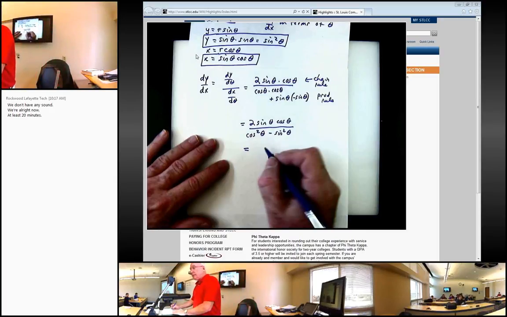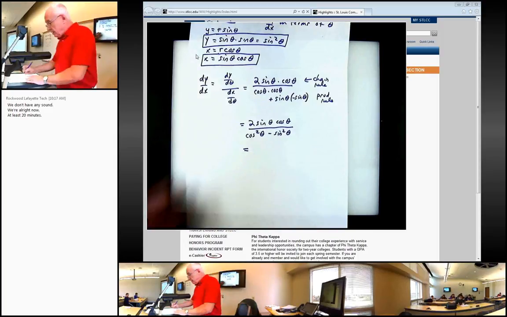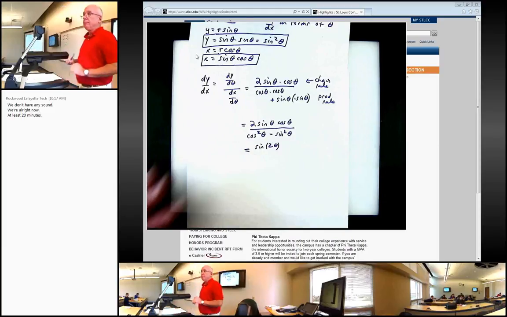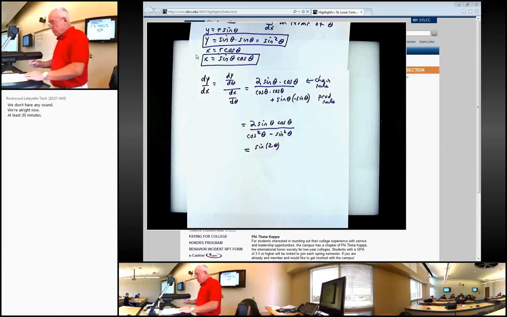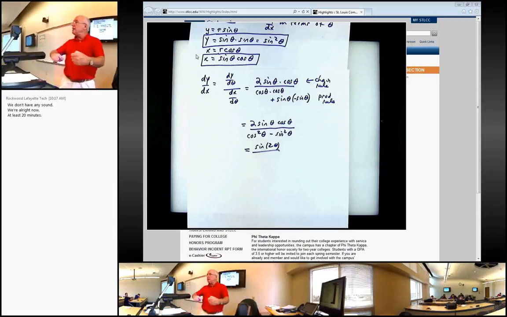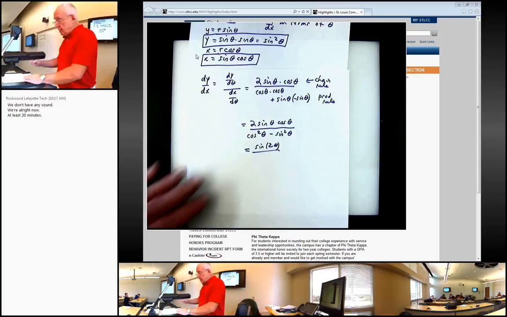Right, that's exactly it. The top, 2 times sine theta cosine theta, is the sine of 2 theta. That's one of those formulas from yesterday when we had our 5-minute trig class. Cosine squared minus sine squared is the cosine of 2 theta.